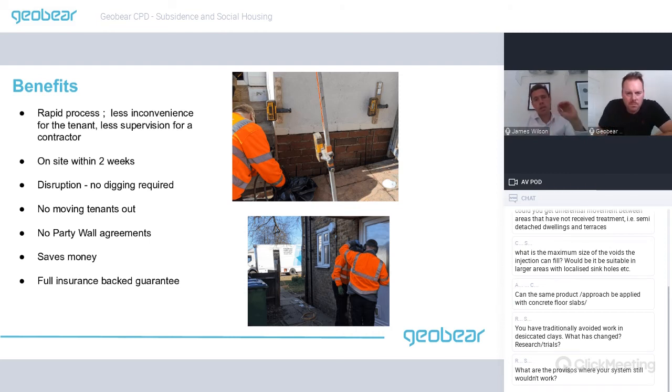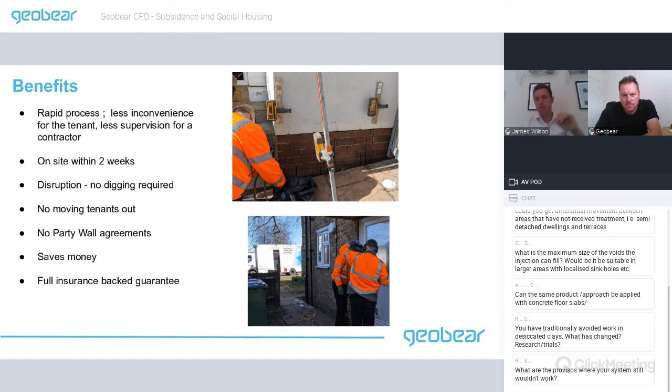As soon as the resin has filled all the voids, it goes through the path of least resistance in the soil. It'll then start to physically push the structure up. And as soon as it does that, we'll get a reading on this laser monitor that the soil's now full of resin, and it's starting to push the structure up.